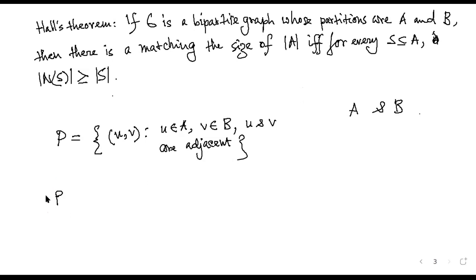Does anybody have a guess? Can anybody think of a bound for P? We are also given that the degree of each vertex in G is 10.